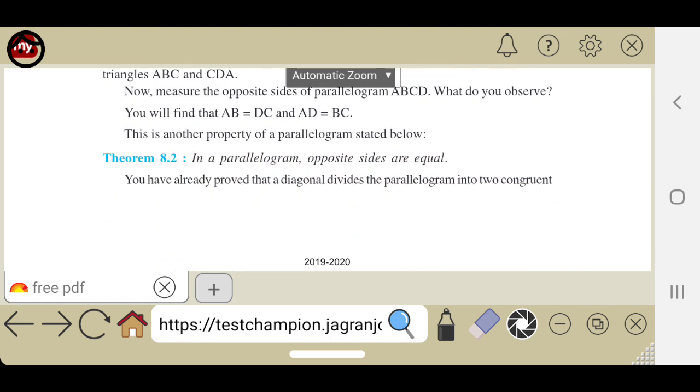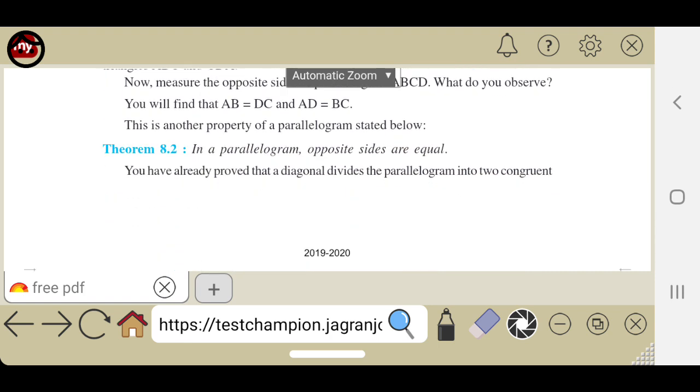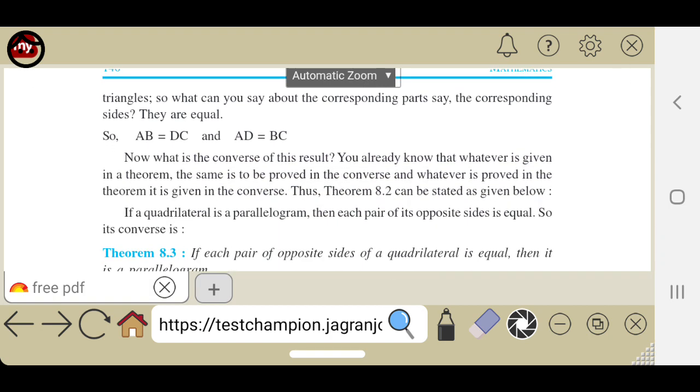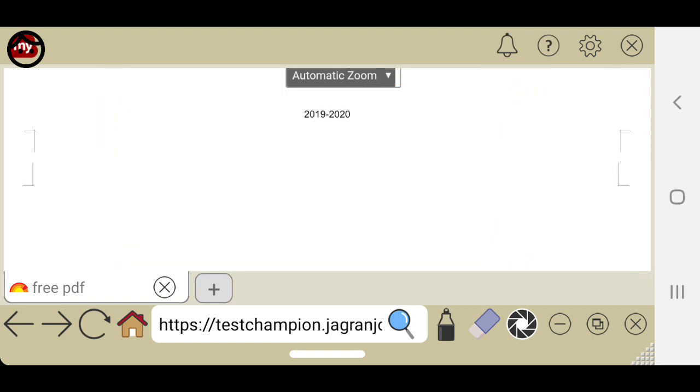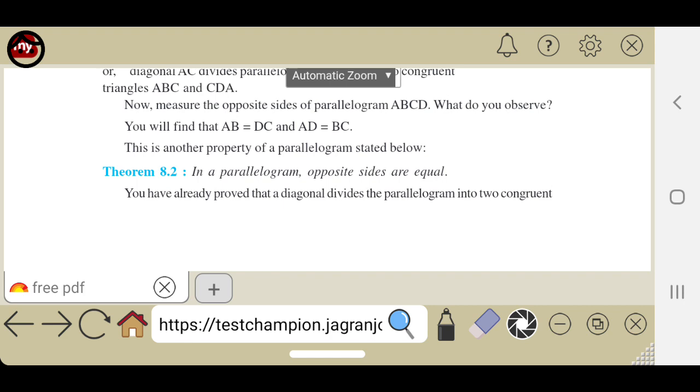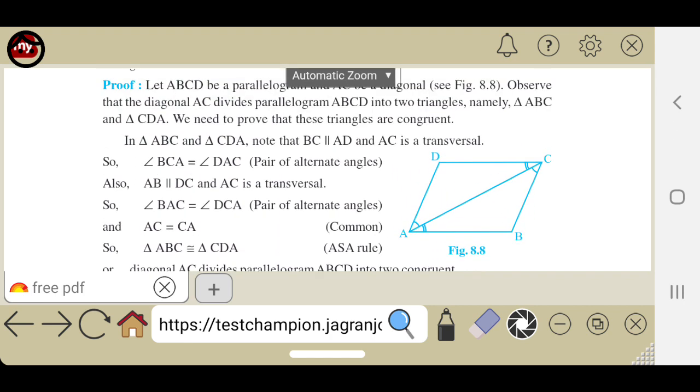Next, in a parallelogram, opposite sides are equal. Dear children, in a parallelogram, we have to prove opposite sides are equal. In the last theorem, we already studied that these two triangles are congruent, that is, a diagonal divides the parallelogram into two congruent parts.